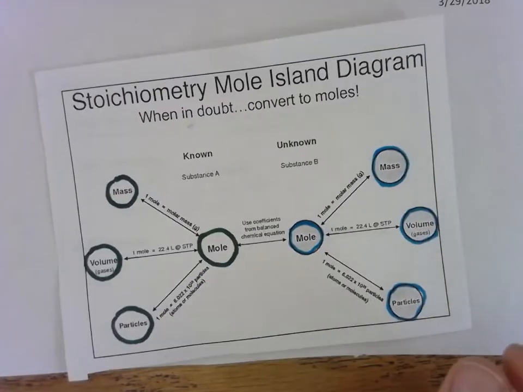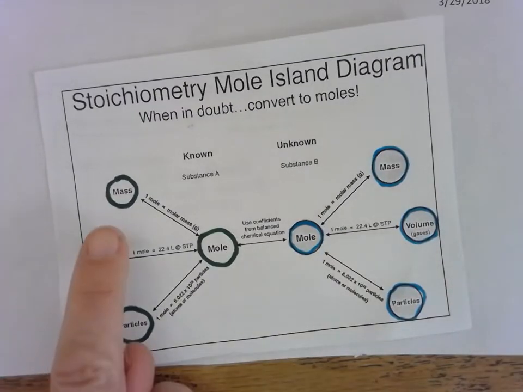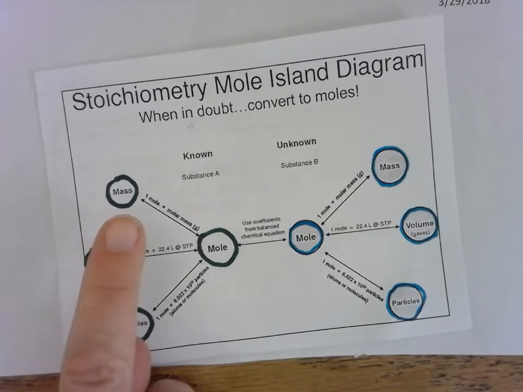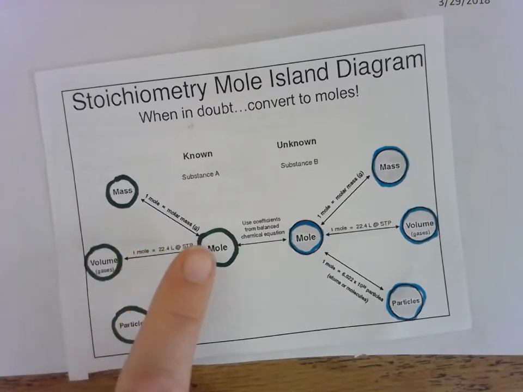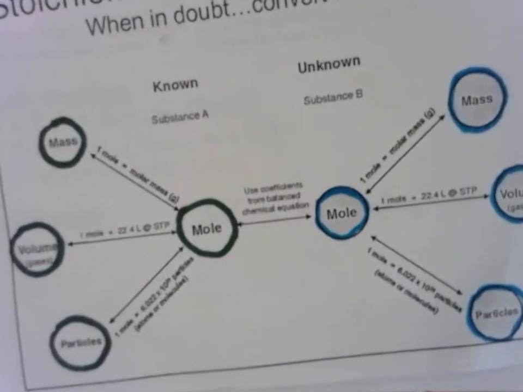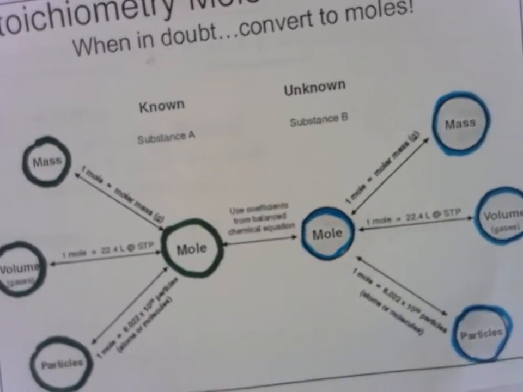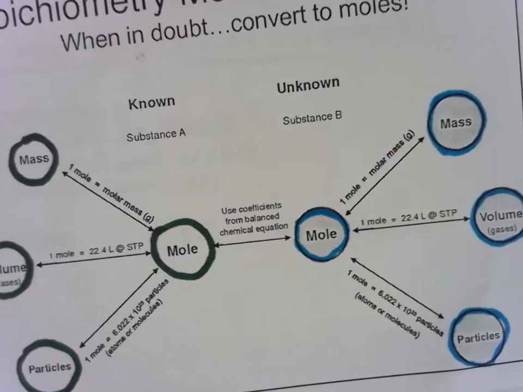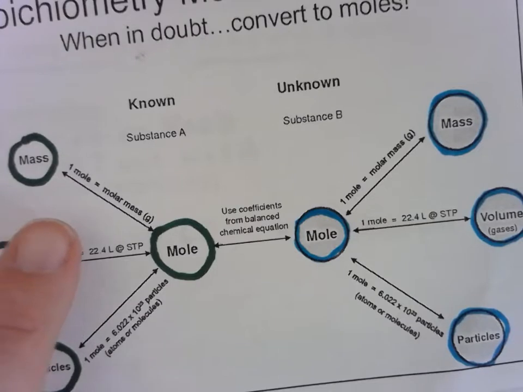We already identified that mass is grams, so we're starting in grams and then we're going to moles. And on the mole island, if I get a little closer, it reminds you that 1 mole is equal to molar mass. That is your equivalency in grams. We also know that could be atomic mass.